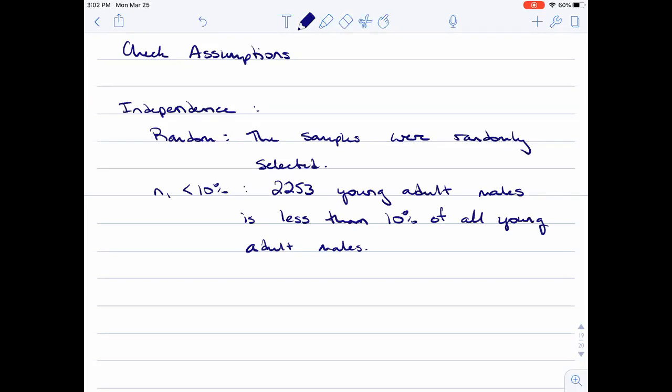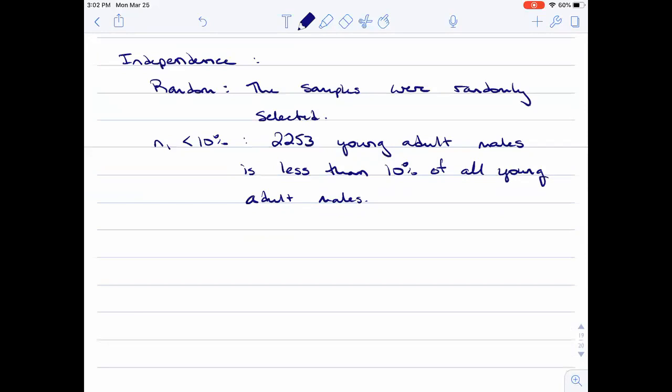I don't think it even specifies whether it's from one city or one country, so that's why it's a bit flexible, and lets us say it's definitely less than 10% of whatever you're looking at.